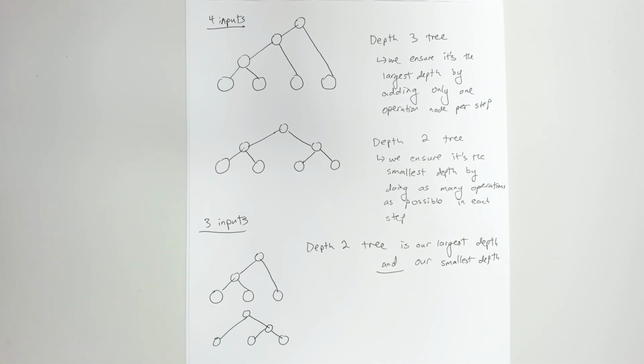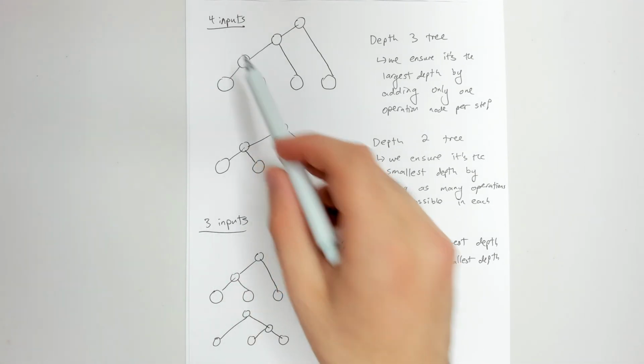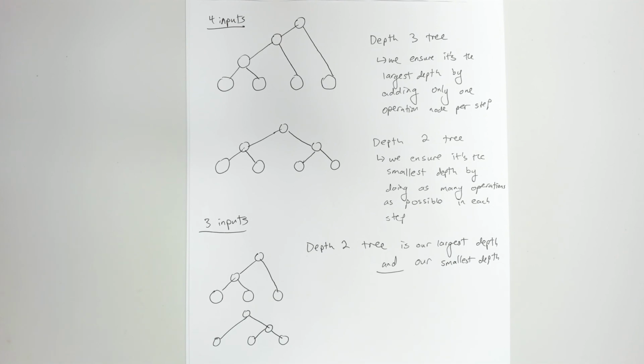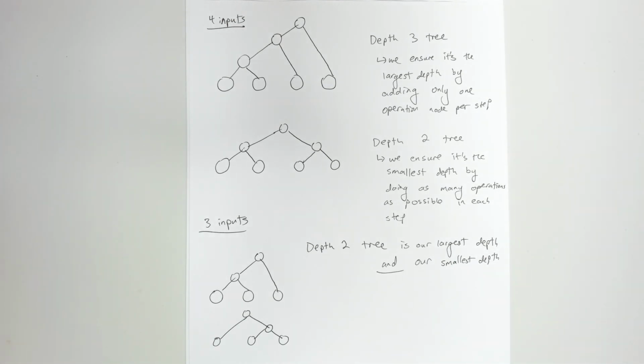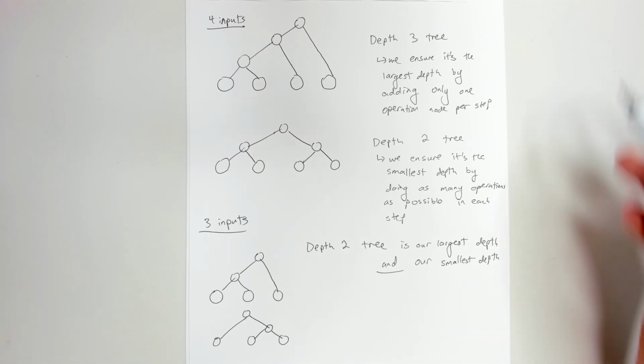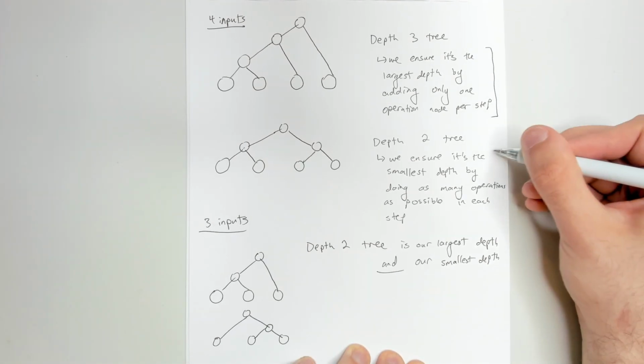Both of them have a depth of 2, so that's both our largest and our smallest depth. But once we go above 3 inputs, like 4 inputs and beyond, we're actually going to get a difference between the largest depth and the smallest depth because we have a lot more possibilities. So if you want some more practice, I encourage you to look at more inputs, right? What about like 5 inputs or 6 inputs? Can you find the largest depth and the smallest depth by using these rules of thumb here?